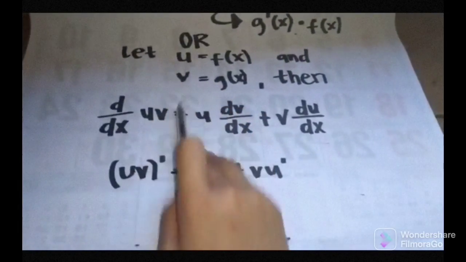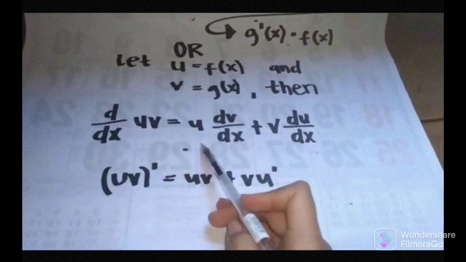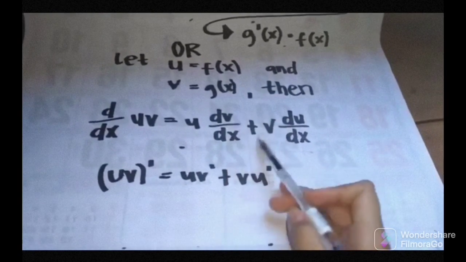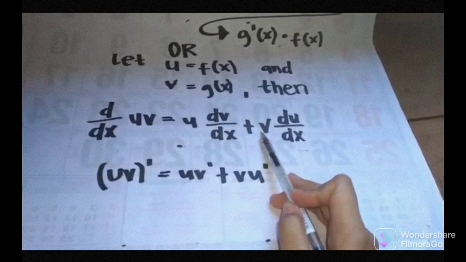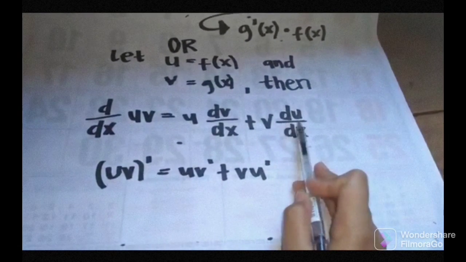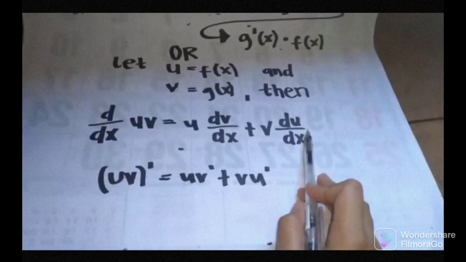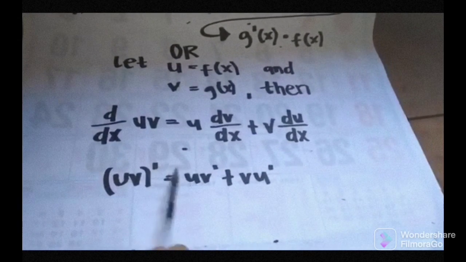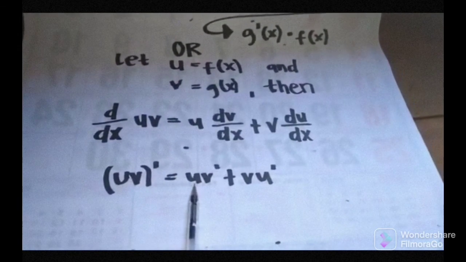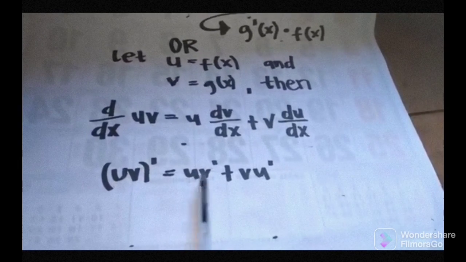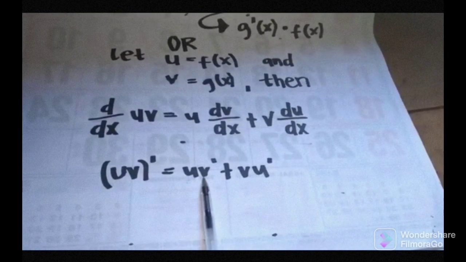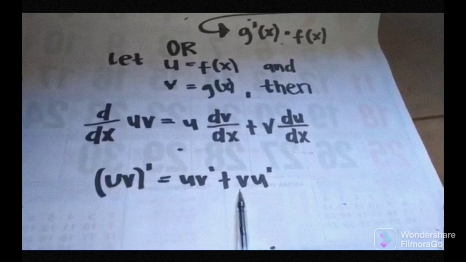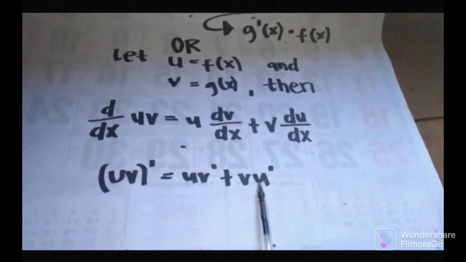Then the derivative of uv is equals to u times the derivative of v plus v times the derivative of u. To simplify this, copy the first, which is the u, times the derivative of v, plus copy the second, which is the v, times the derivative of u.